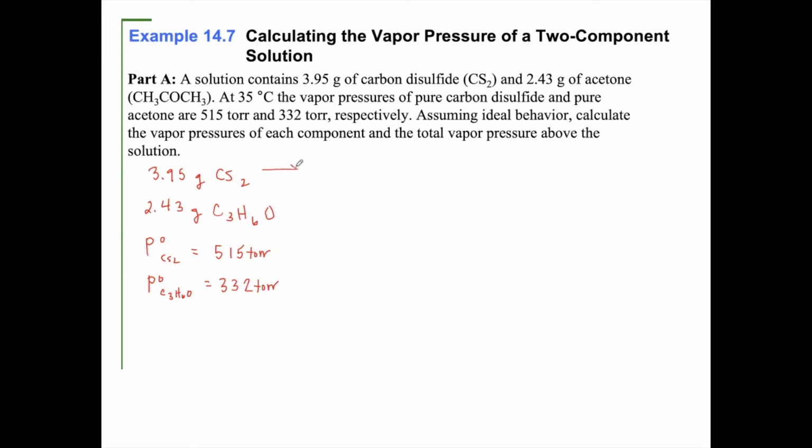So for the carbon disulfide, okay, acetone.